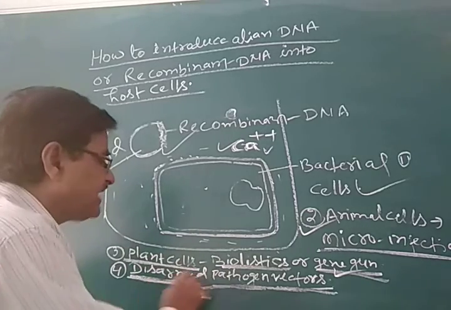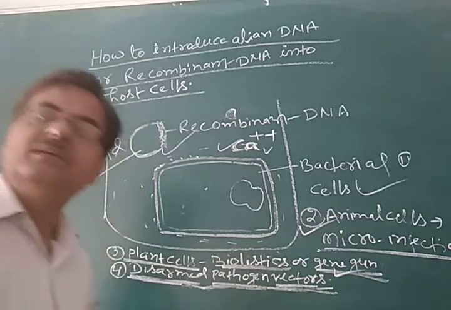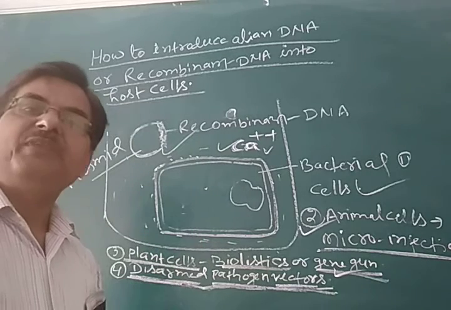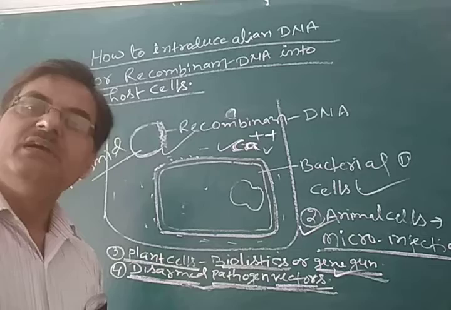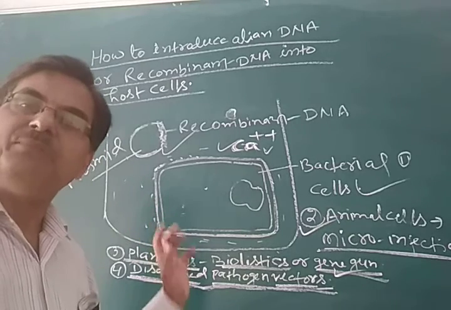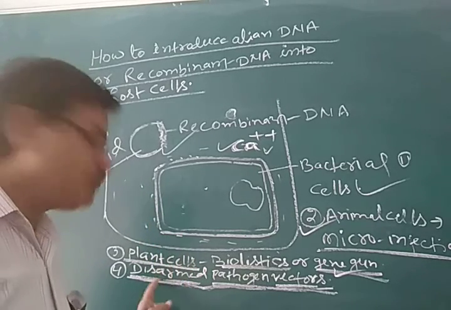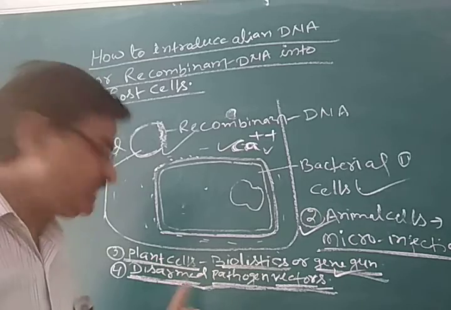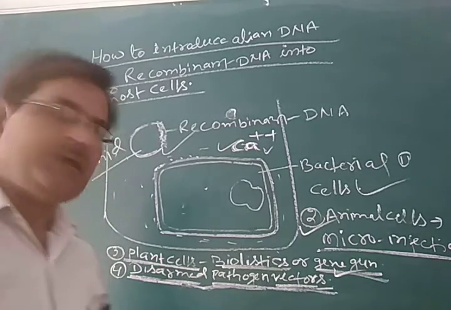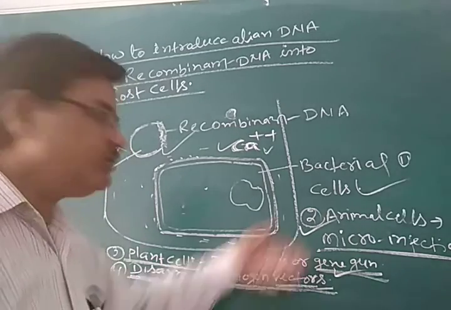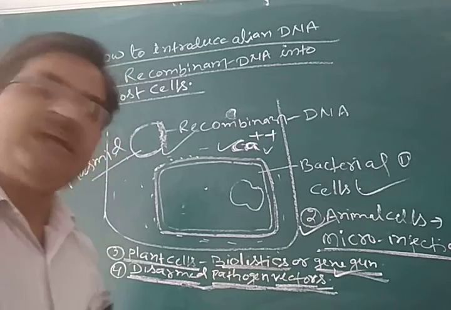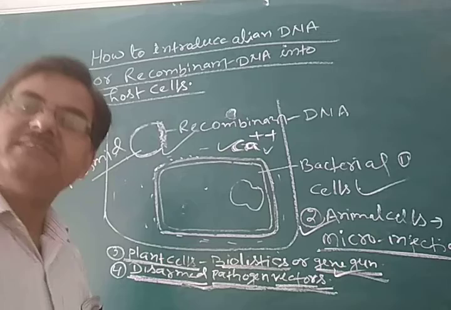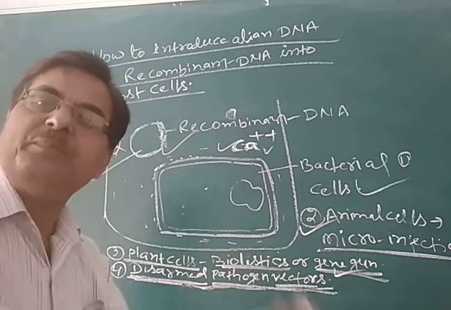Through these disarmed pathogen vectors we can introduce the alien piece of DNA or plasmid DNA into the plant cell or animal cell. For example, through Agrobacterium tumefaciens we can introduce our desired gene into the plant cells. Likewise, there are also many retroviruses. We can disarm the retroviruses after making them non-pathogenic.